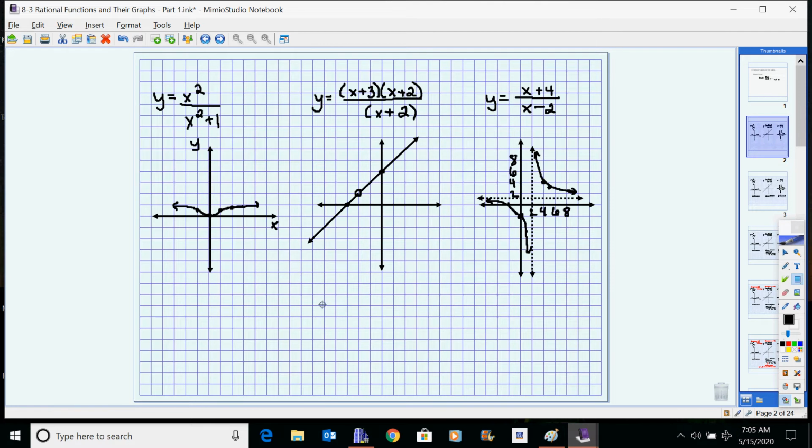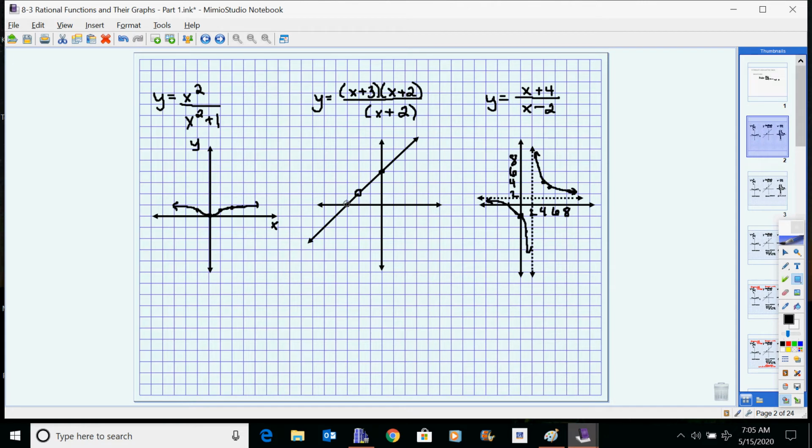They're not really just a parabola or just a line or something like that. There's something unique about them when you start putting a function over itself. Okay, so this one comes out to look something like this. Okay, now there are some traits about this that we're going to discuss.